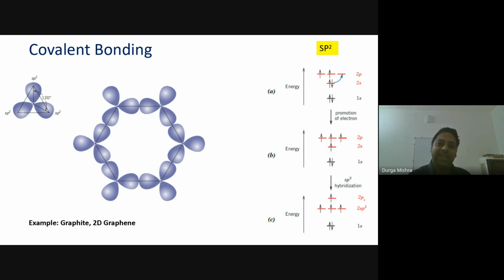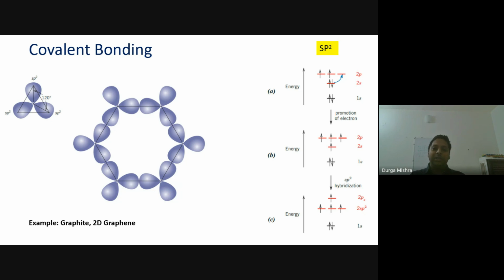This is the interaction of these pz electrons, which leads to a very weak van der Waals interaction, and that gives you hexagonal layers on top of each other, and that changes the properties of graphite completely.